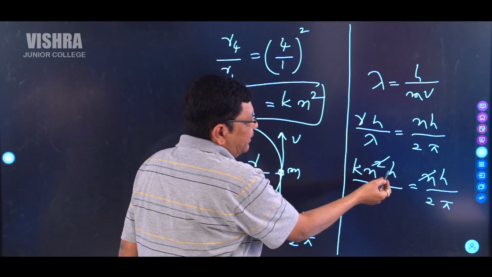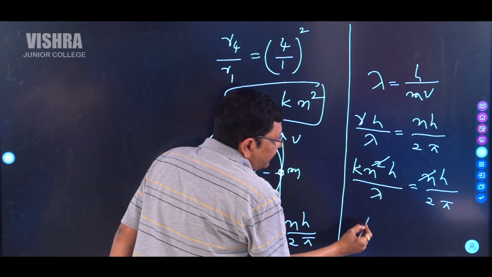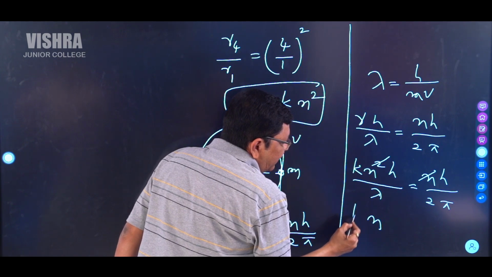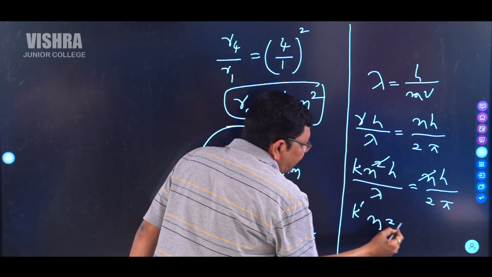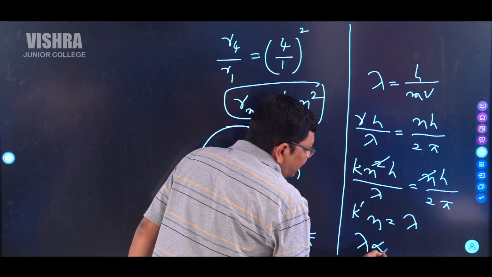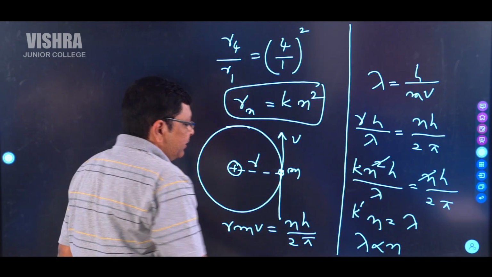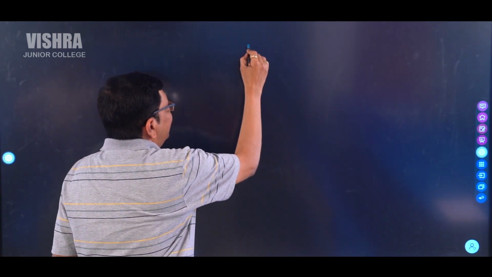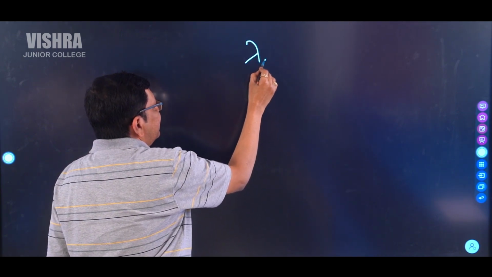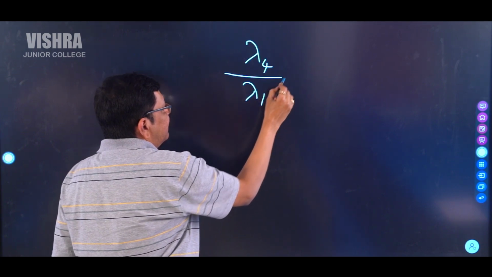K is a constant, h is Planck's constant, 2 pi is constant. So from this we can say that some constant k dash multiplied by n is equal to lambda. That is, de Broglie wavelength is directly proportional to n. So from this information we can say that the ratio of de Broglie wavelength in excited state, third excited state, is 4th, ground state is 1.